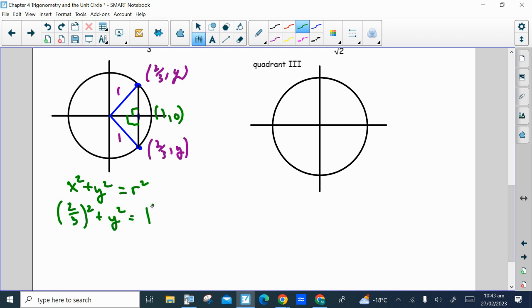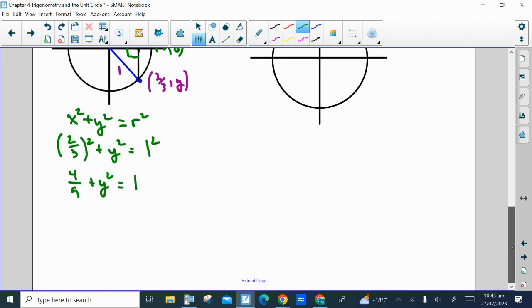And because again it's a unit circle, r, the radius, is 1. When you square 2/3, you're going to get 4/9 plus y squared equals 1. And we need to solve for y. So we would subtract the 4/9 from both sides to get y squared equals.